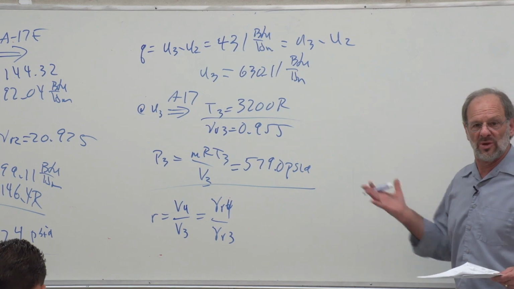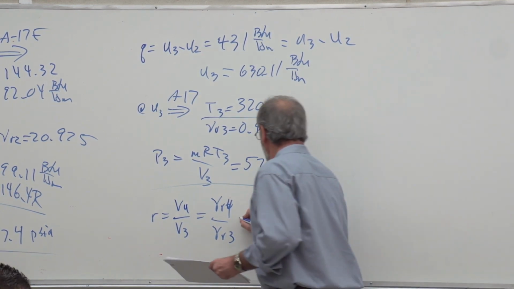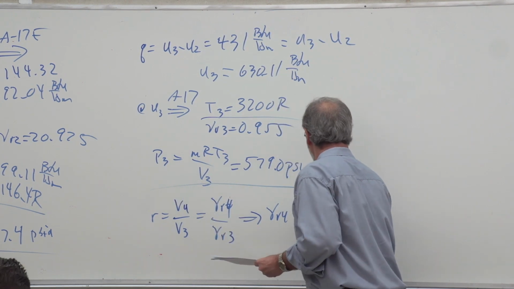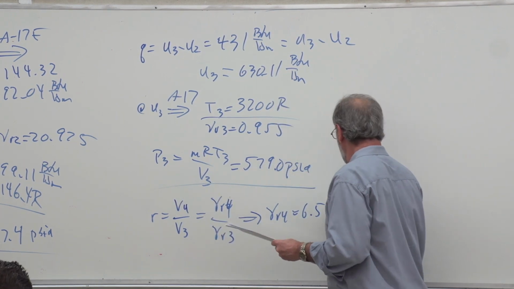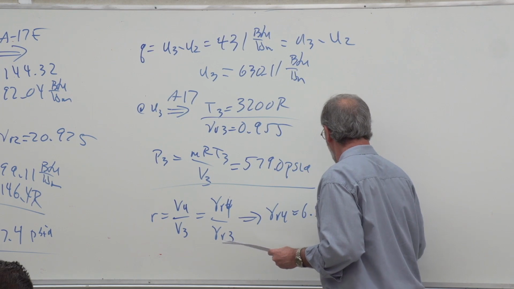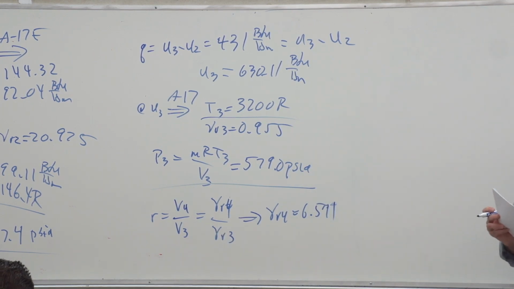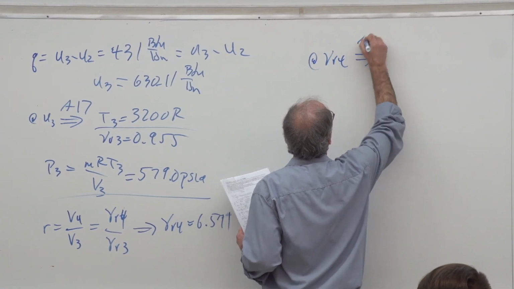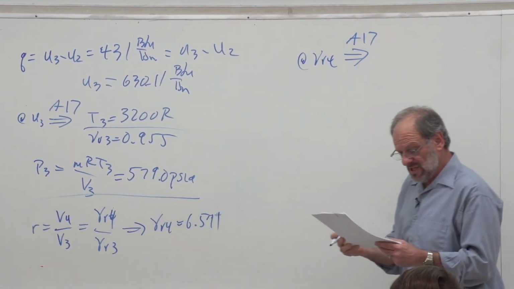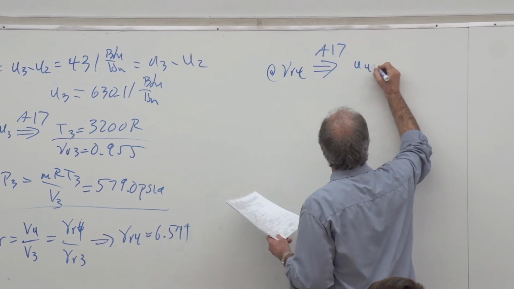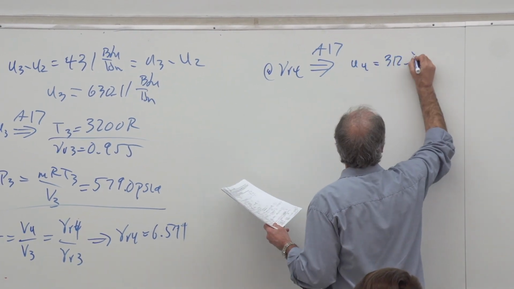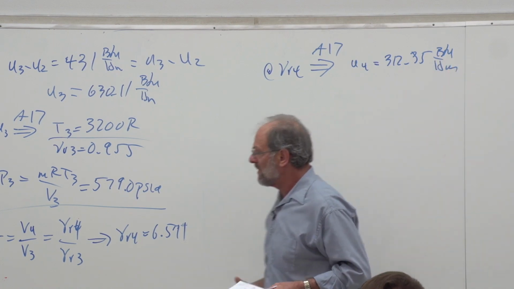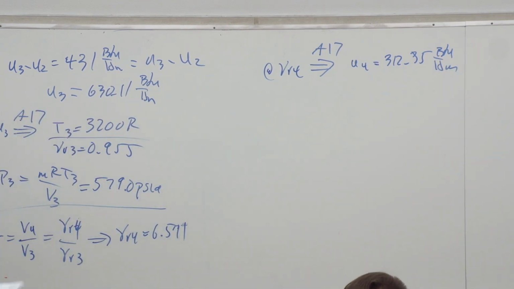Well, again, we know R, and VR3 we have from directly above, so we get the relative specific volume 6.571. And then lastly, we find our internal energy at this point. So one last trip into table A17E. And at VR4, we get U4 of 312.35 BTUs per pound mass.